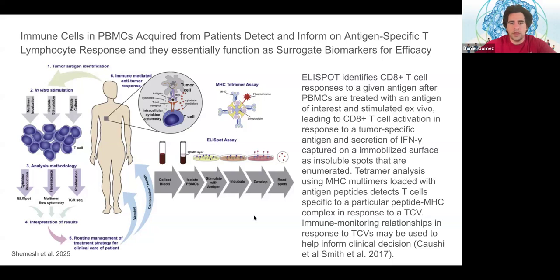So those are the steps of using patient PBMCs and detecting and informing antigen-specific T cell lymphocyte response, which essentially function as a surrogate biomarker for efficacy.